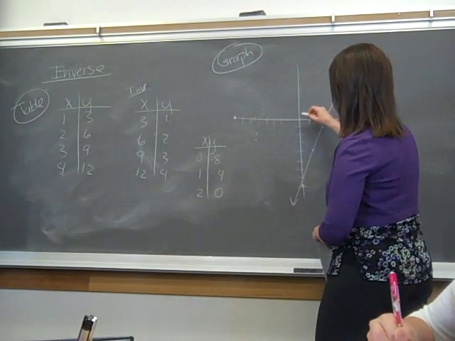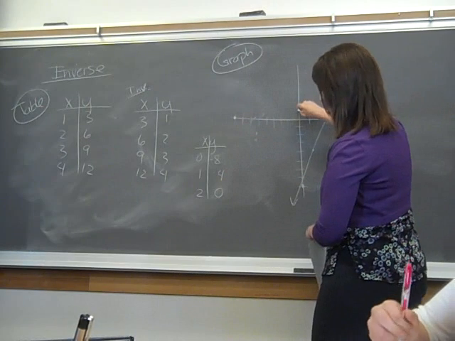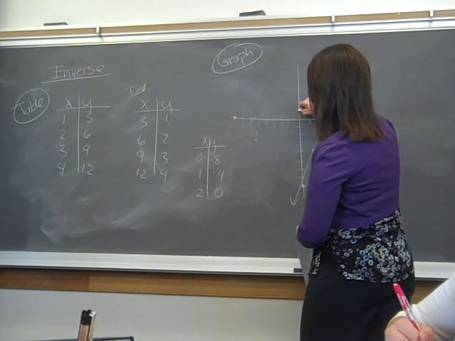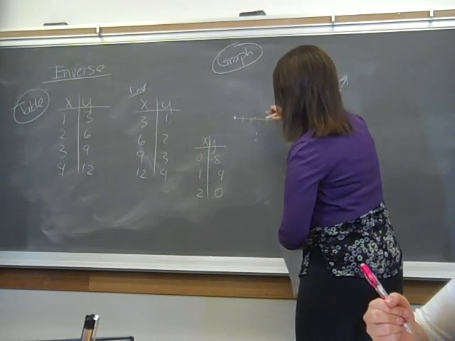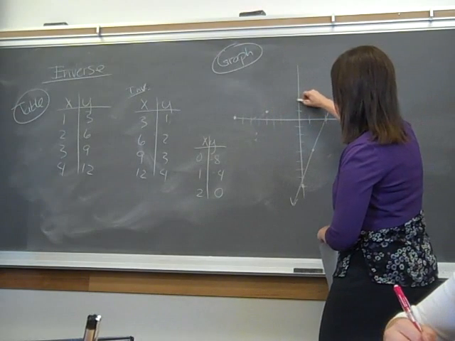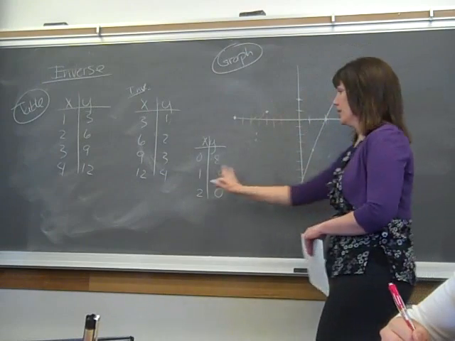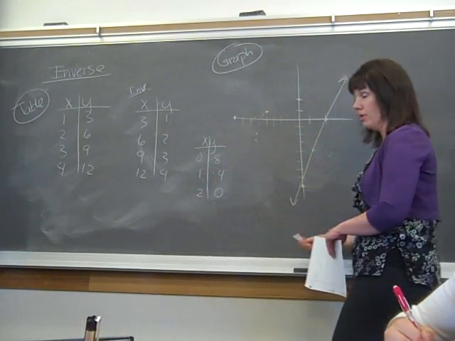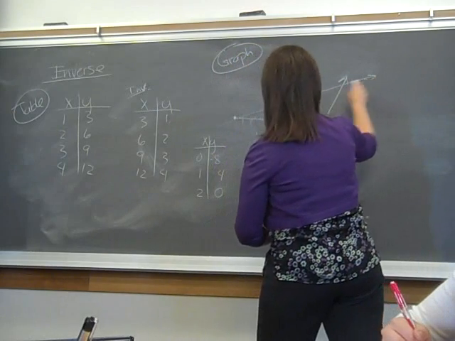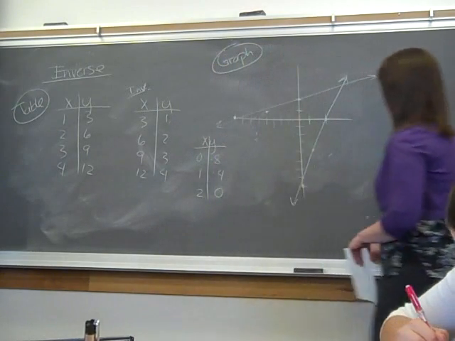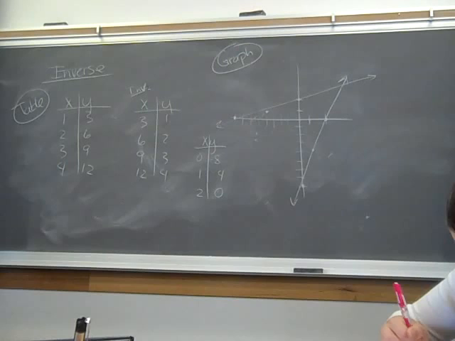When y is 1, where are we at? x is -4, right? And when y is 2, x is 0. So I have simply switched the x, y values, and I have something that looks kind of like that. Sorry, I missed the point. Okay, so that is what the inverse looks like.